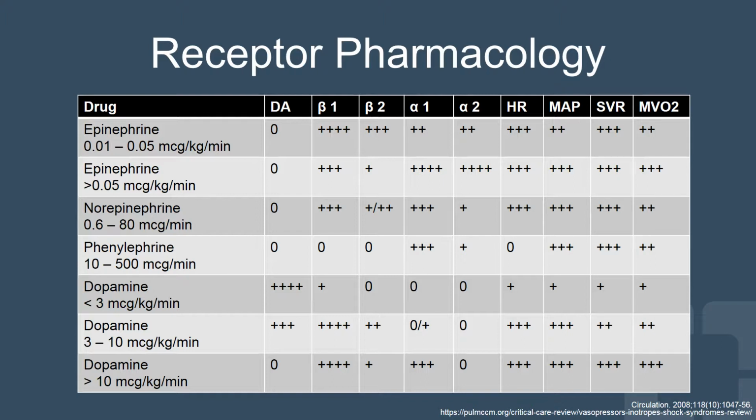But in the interim, we can see that we're going to be talking about the dopamine receptor, the beta-1 receptor, the beta-2 receptor, alpha-1 receptor, alpha-2 receptor, and then the specific medications' effects on heart rate, MAP, systemic vascular resistance, and MVO2, which is the mixed venous oxygen saturation, which is basically a measure of perfusion to the tissues.